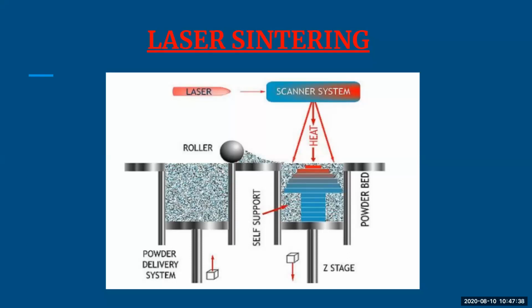Basically it uses lasers to fuse the material layers in your laser machine. So again, it is building part by part. Initially you start with powder form, then there is a roller and there is heat. With the help of that you are going to design your model, and at the end of it you will get a resultant model.